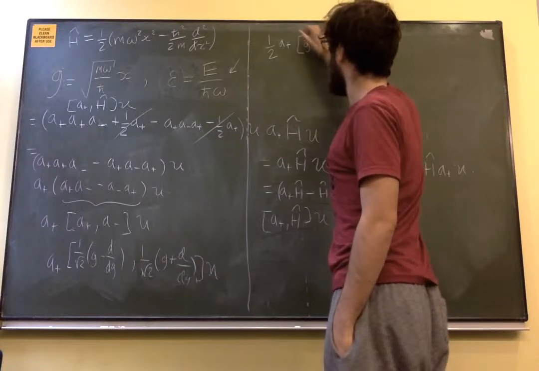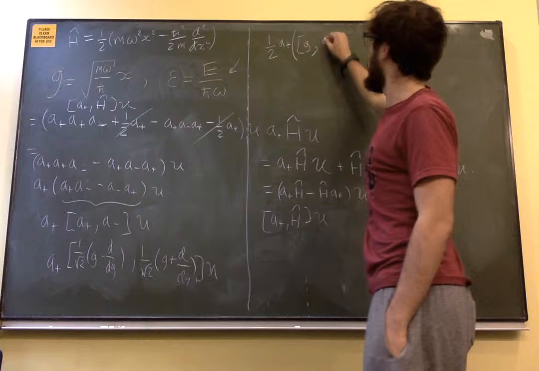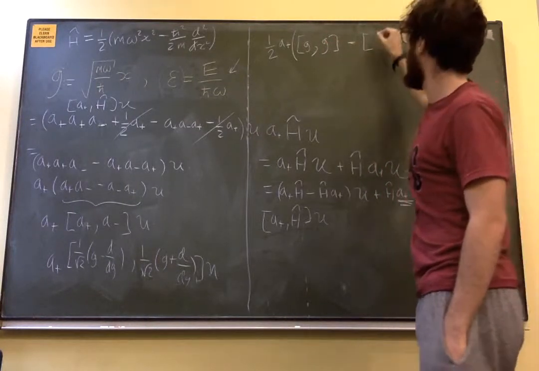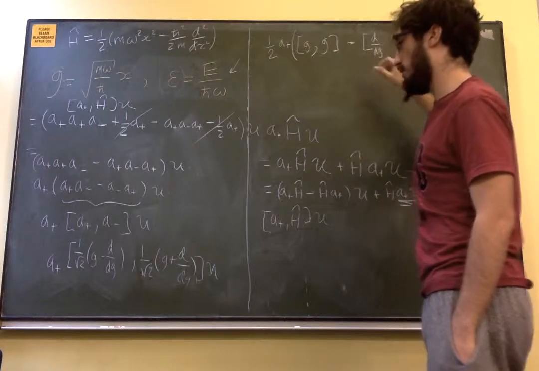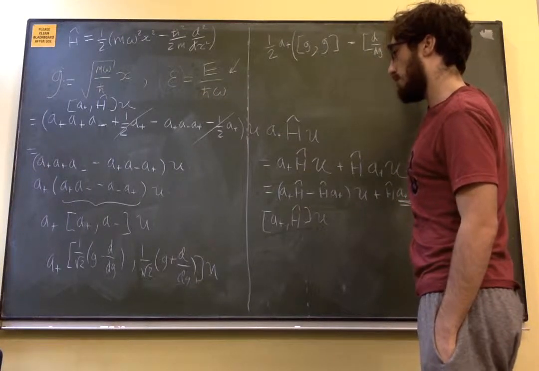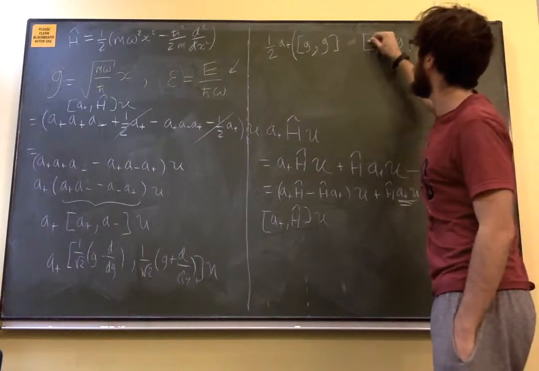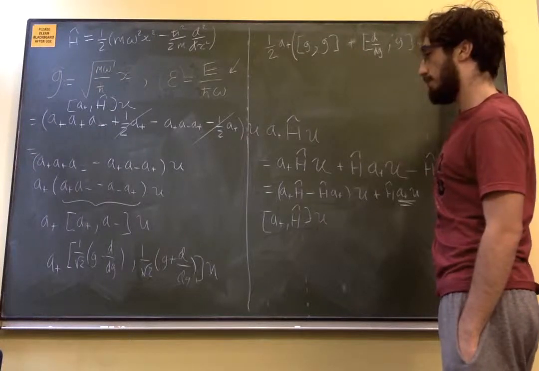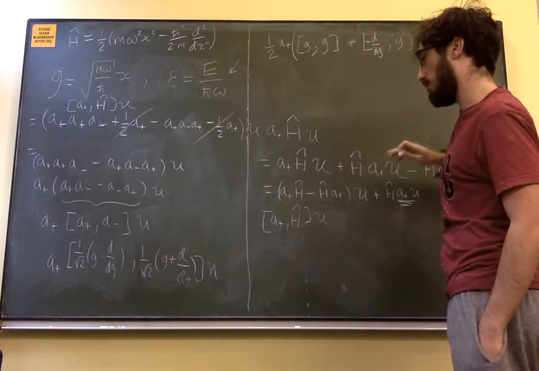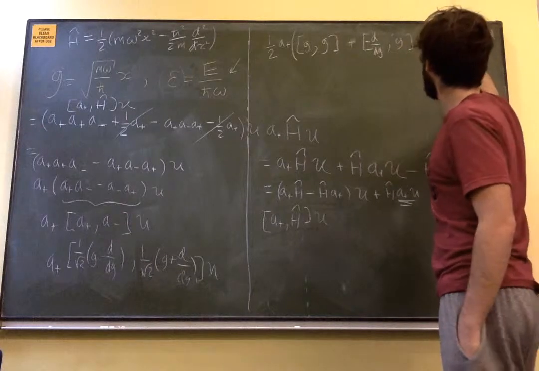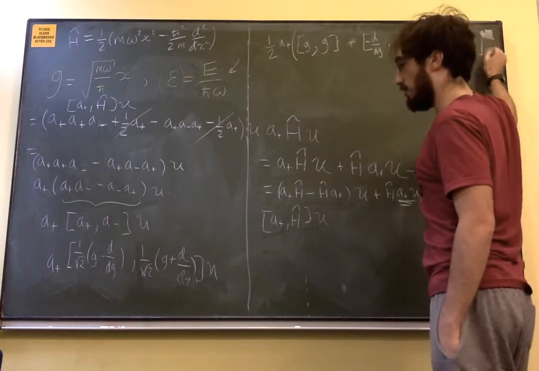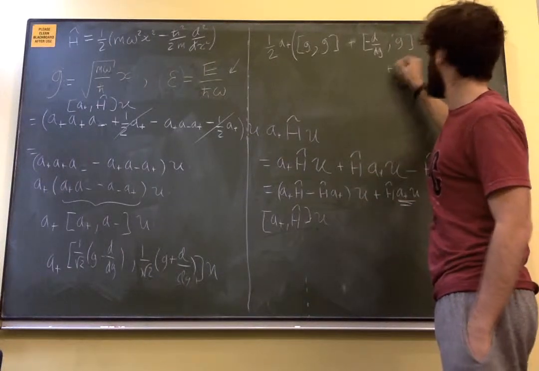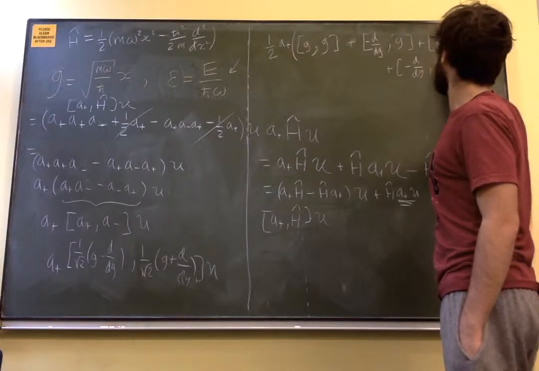We get the commutator of g with g, which is 0, we know that, minus the commutator of d dg with g, plus g with the commutator d dg, and then finally minus d dg with d dg.